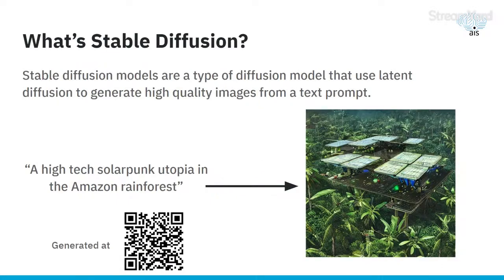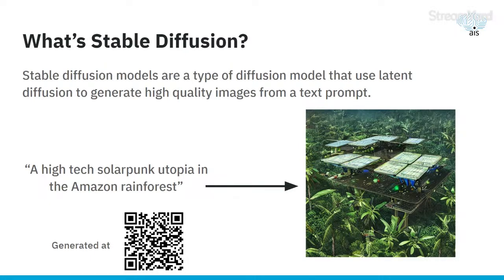But with latent diffusion, we can actually get to the topic of this discussion, stable diffusion. If you've never heard of stable diffusion before, it's only come out in the last year or two. It's pretty new. Basically, these are a type of model that uses diffusion, as you might guess from the name, and they use latent diffusion to generate high quality images from a text prompt.